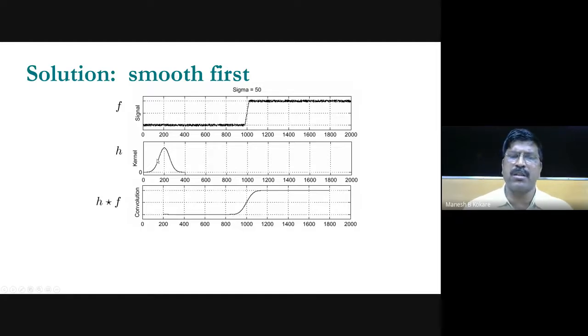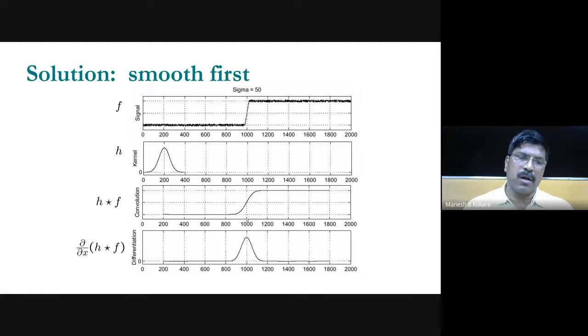Here it is the integration operation, or low-pass filtering. So if you convolve H with F, you get this output, meaning your edge profile, which was corrupted by noise, is very smooth and the noise is removed, and after that detecting the edge will be very easy. See, this is the function, which is the output of this one.